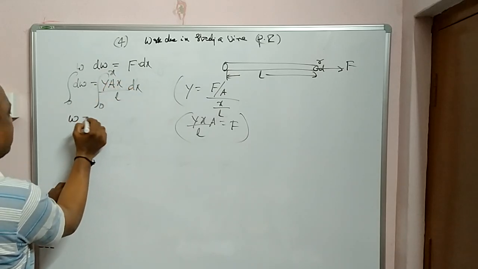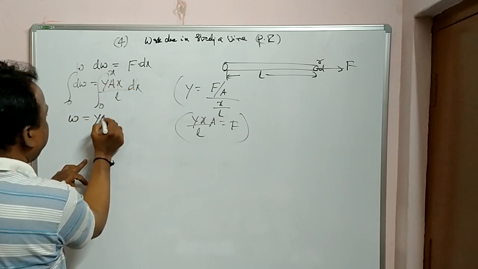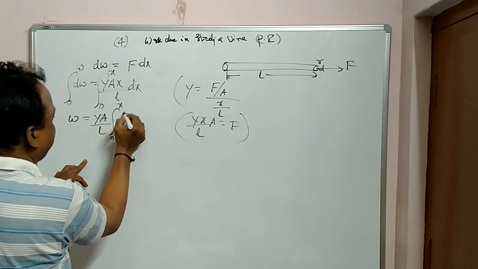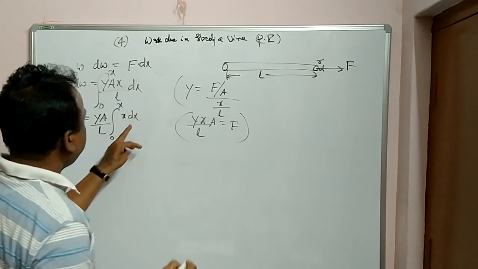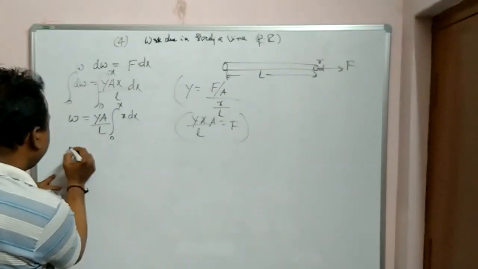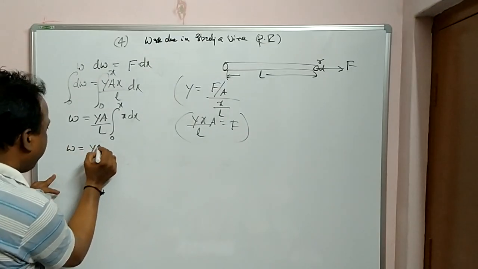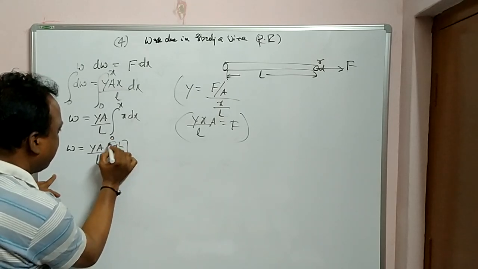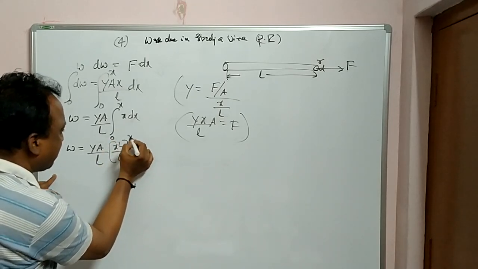So left side W is equal to constant Y, A constant, L constant, integral 0 to x of x dx, and this is nothing but x power n dx, x power n plus 1 by n plus 1. So what is W? YA by L into x square by 2, integral of x dx, limit 0 to x.